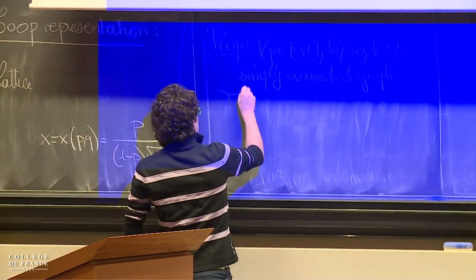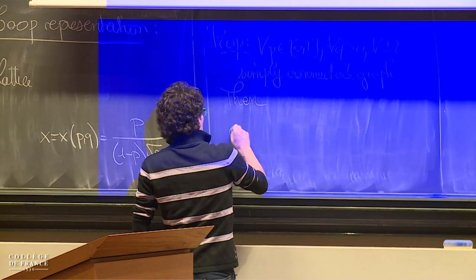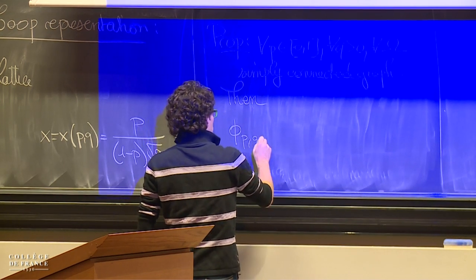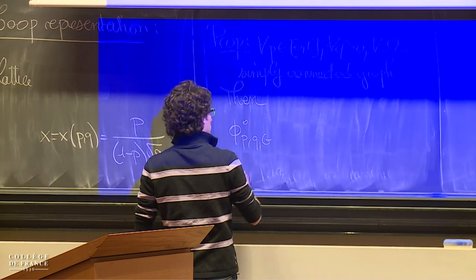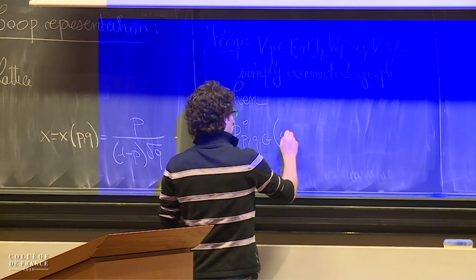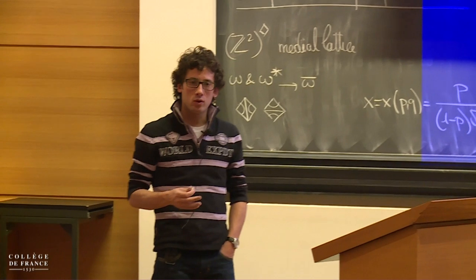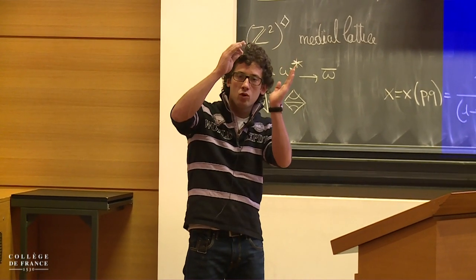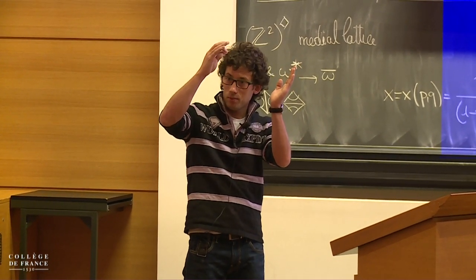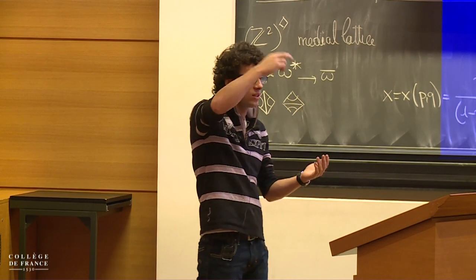Then, if I look at the law at p, q, g with zero boundary condition, and if you don't fix the boundary conditions, then on the boundary maybe you don't close loops.